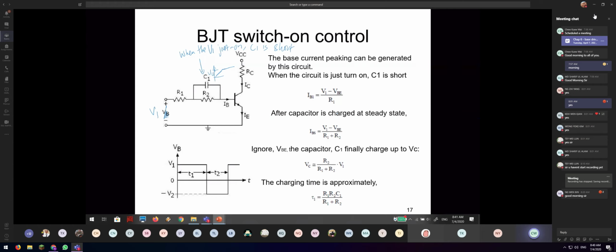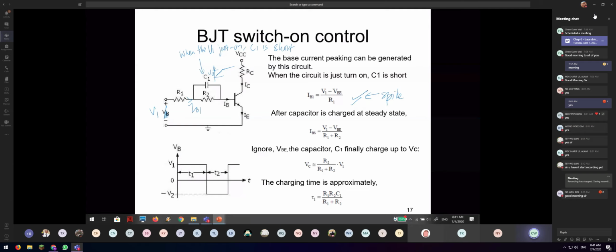So when the circuit is just turned on, C1 is short, so it will give you the initial current IB1. This current works like a spike, an initial spike that can trigger the BJT to turn on.